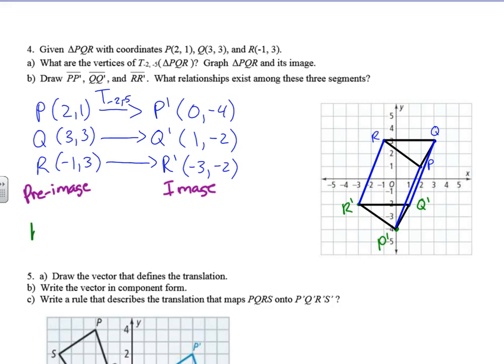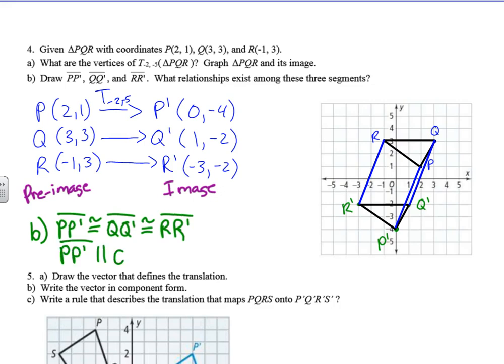So the answer to B is: PP prime is congruent to QQ prime is congruent to RR prime. So they're all congruent, and PP prime is parallel to QQ prime, which is parallel to RR prime.